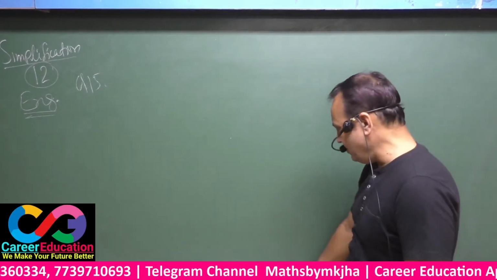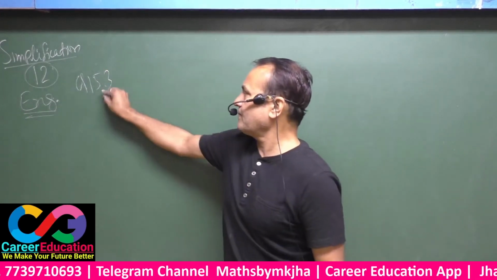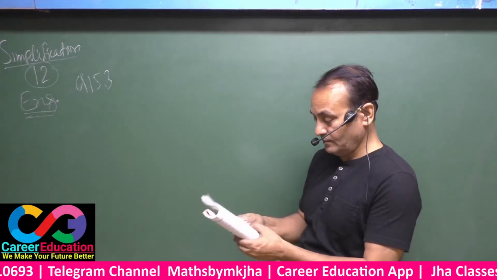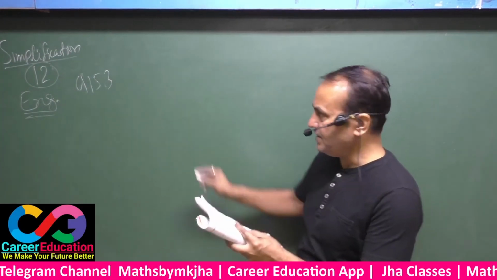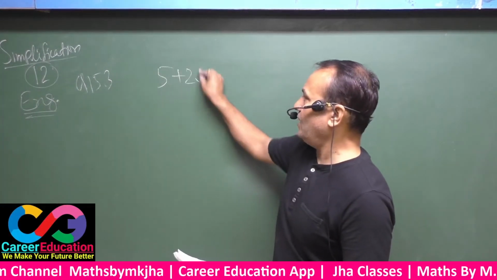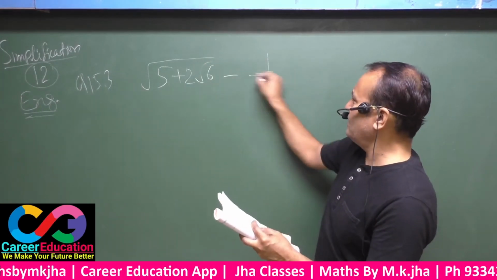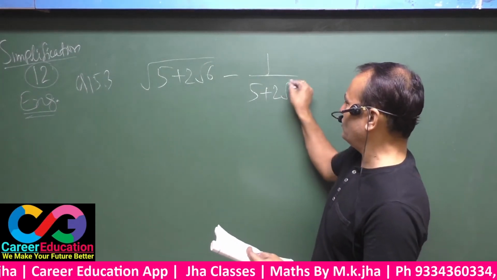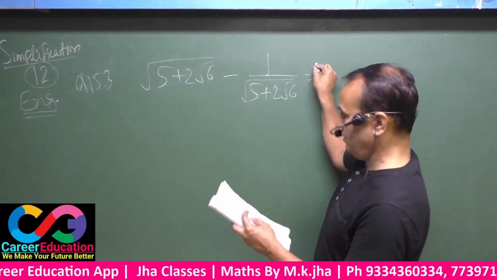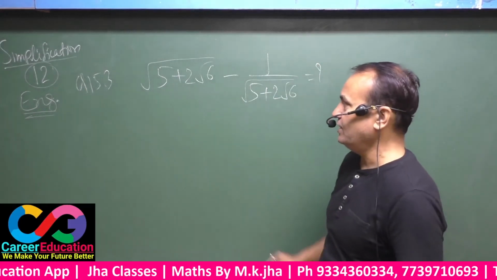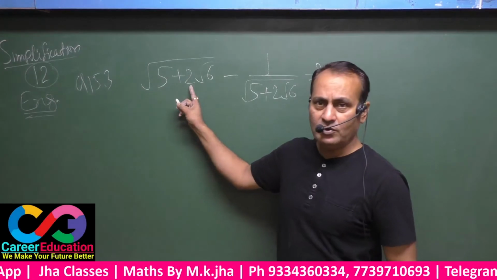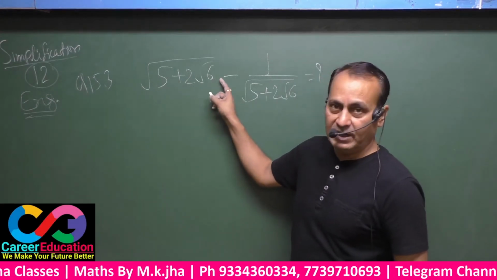Now 153. 153 is the square root of 5 plus 2 root 6, minus 1 by the square root of 5 plus 2 root 6, equals what? See here, again this is 2ab multiplied.